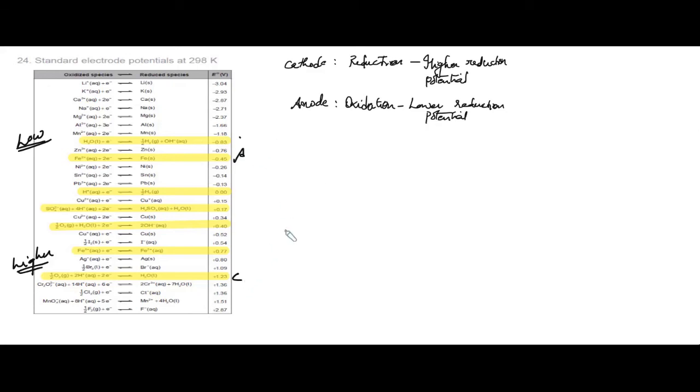So at the cathode, where reduction occurs, I can directly take this reaction because it is given in reduction format, and reduction is what is happening at the cathode. So I can simply write 1/2 O2 + 2H+ + 2e- gives H2O.